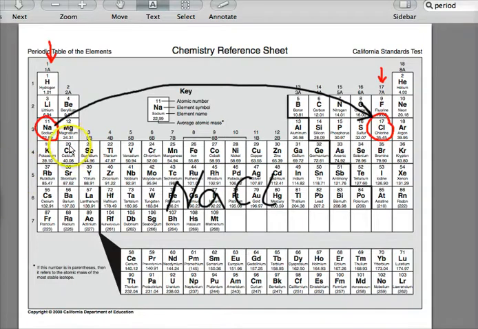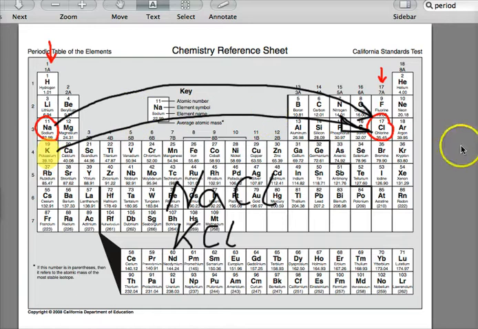Based on what we've said, we would probably guess also that potassium might also react with chlorine, making something like this, potassium chloride. Potassium also has one electron available, chlorine has one space, and we would get a compound called potassium chloride. Lithium may also do the same thing.